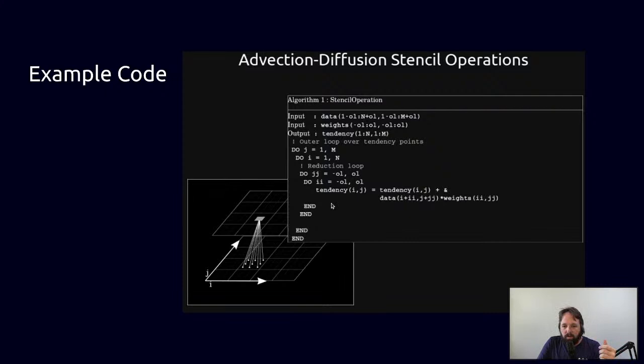So really the points we care about are on indices 1 to N, and then 1 to M, but we carry these ghost values around so that we can apply things like boundary conditions, stuff like that.